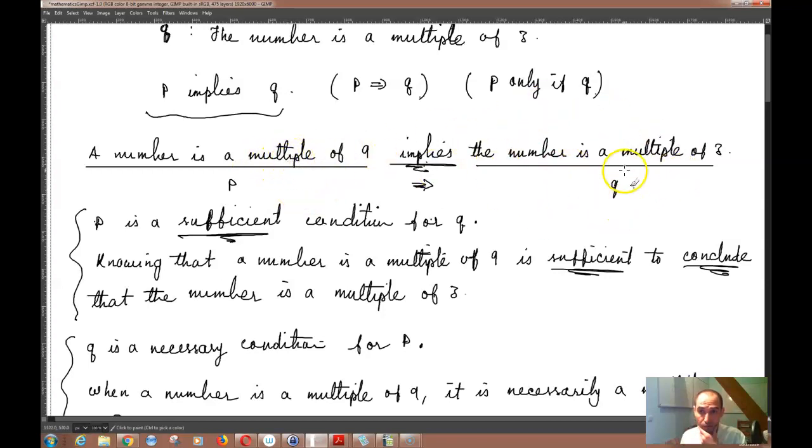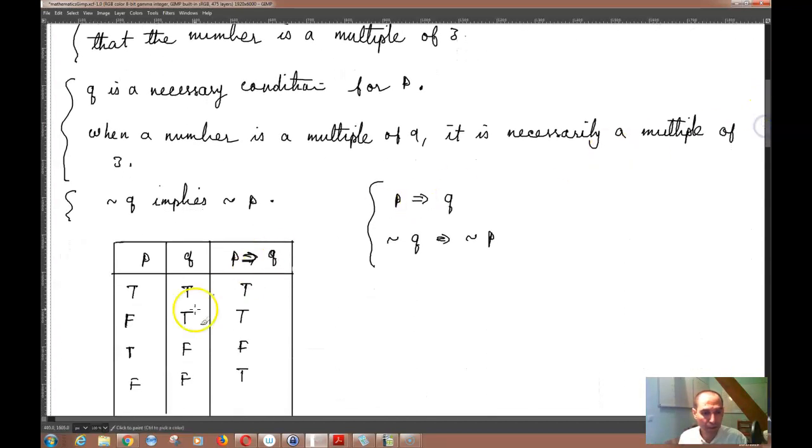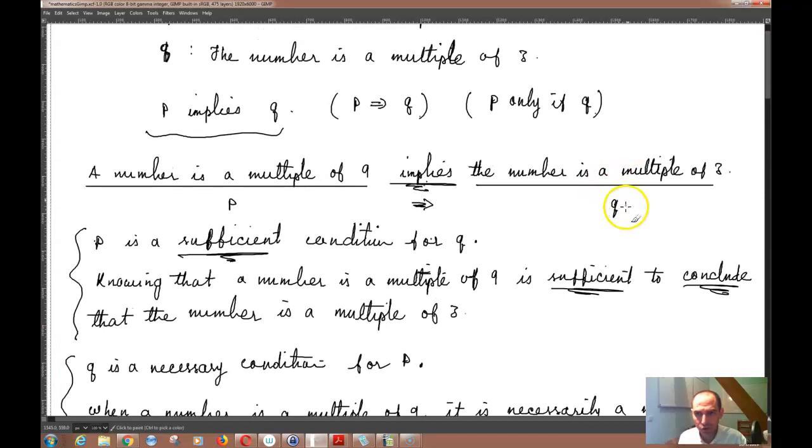That means that if both of these statements are true, then P implies Q is true, which is pretty simple. You don't even need to think about that. And if Q is true and if P is false, even in that case, P implies Q is true, right? So if Q is true, meaning the number is a multiple of 3, even if P is false, P implies Q is going to be true.